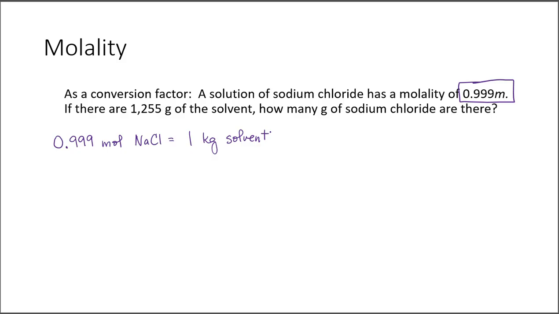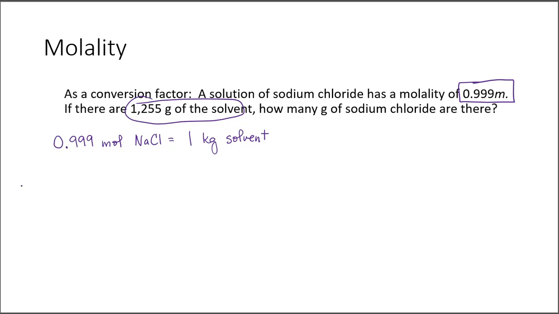Two different things are set equal to each other with different units. 0.999 molal means 0.999 moles of sodium chloride, or 0.999 moles of the solute, in every 1 kilogram of the solvent. So this solution is 0.999 molal. If there are 1,255 grams of the solvent, how many grams of sodium chloride are there?